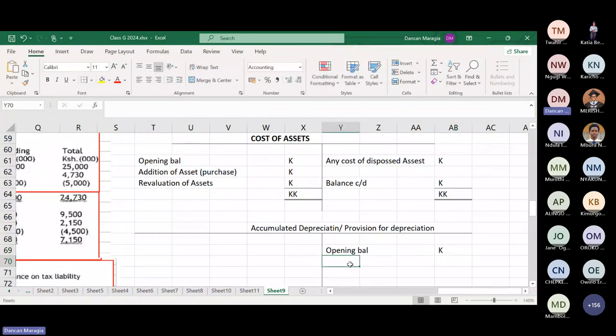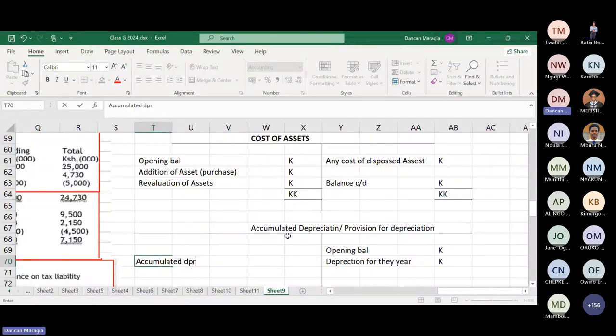Then any depreciation charge, depreciation for the year, will usually be there. When an asset is disposed from the business, we remove its cost from the business. We also remove its accumulated depreciation. It's no longer with us. Accumulated depreciation of disposed asset.